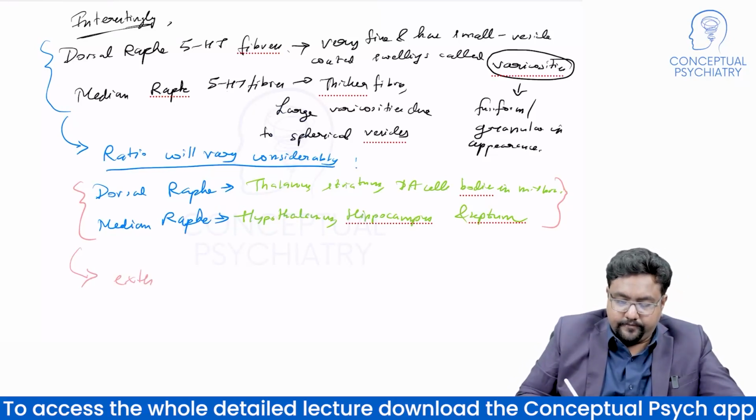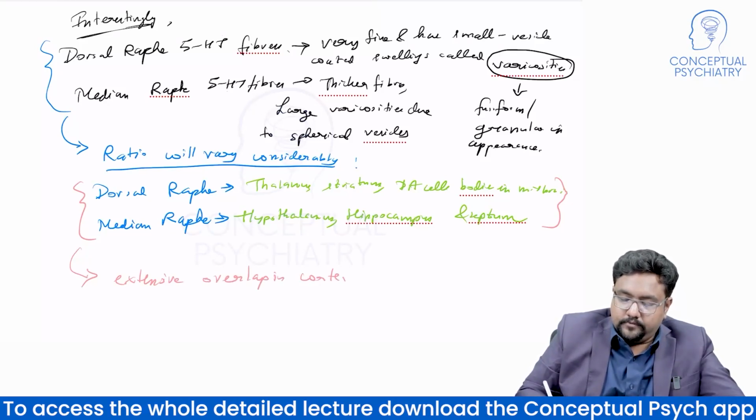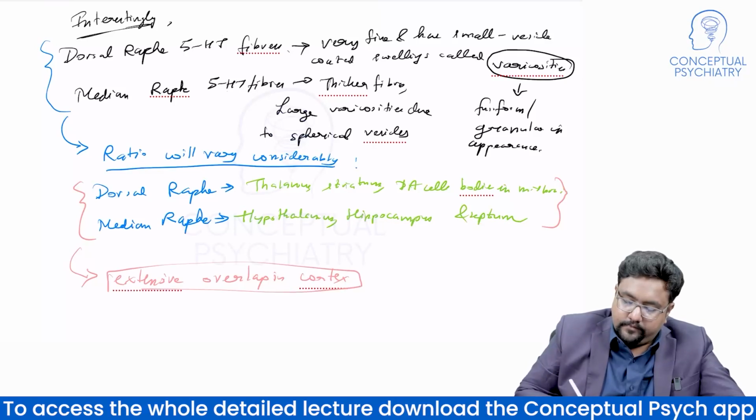Another point is that there is extensive overlap in the cortex of these fibers. And what is the result of that?